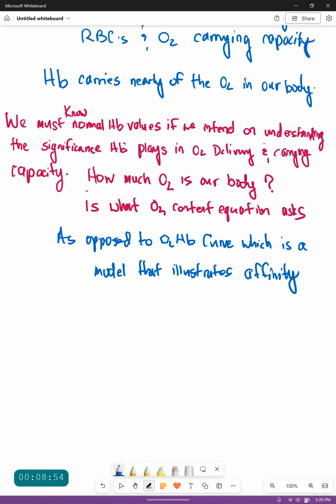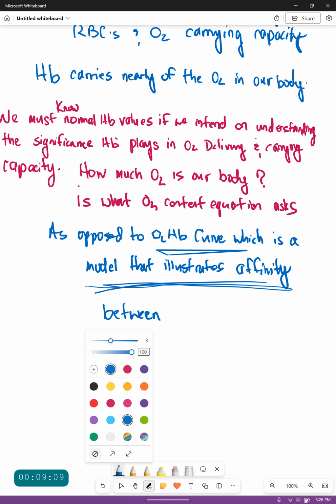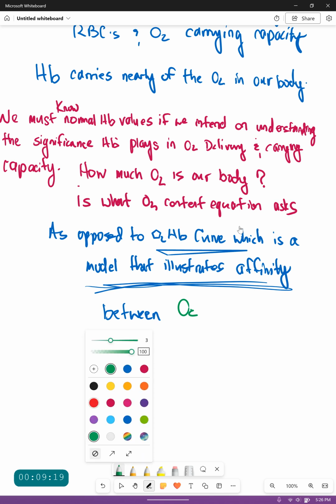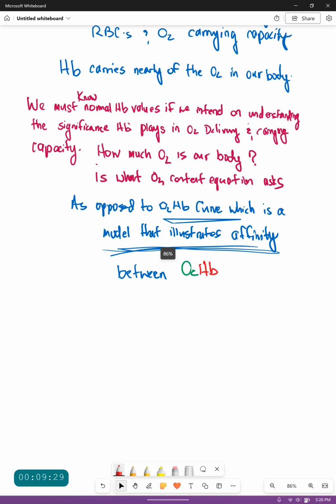The O2 hemoglobin curve is a model that illustrates affinity between O2 and hemoglobin. But we're asking now how much.